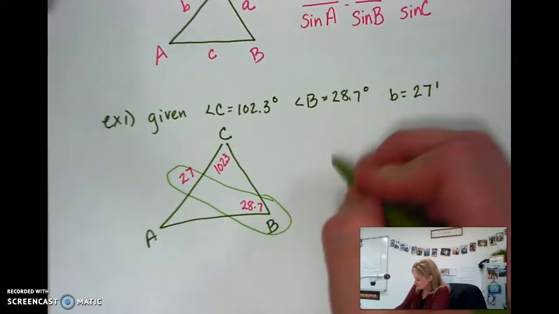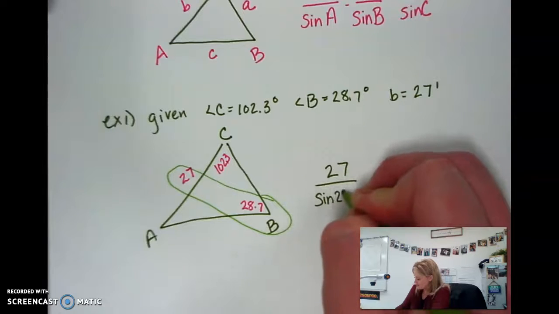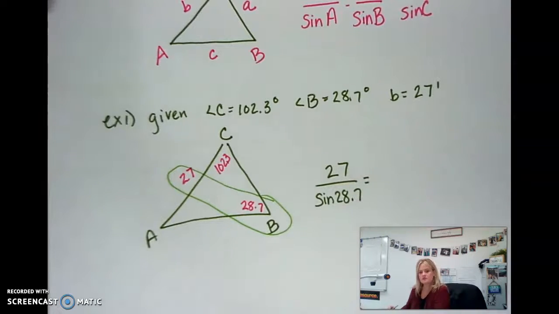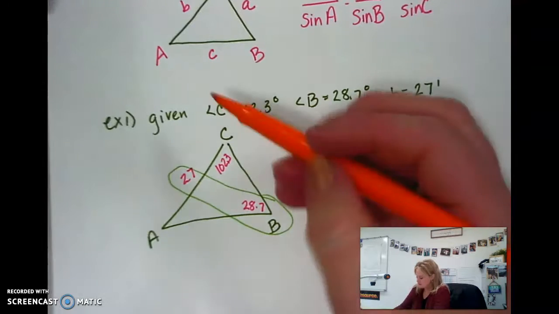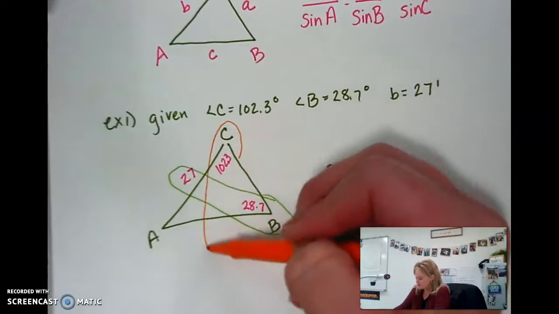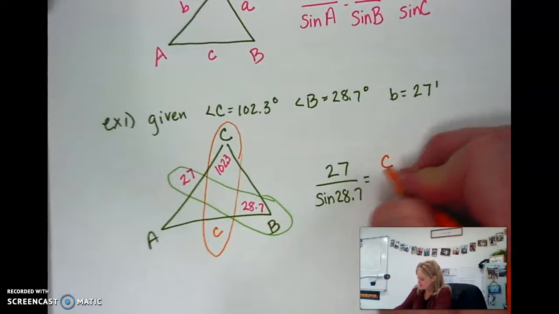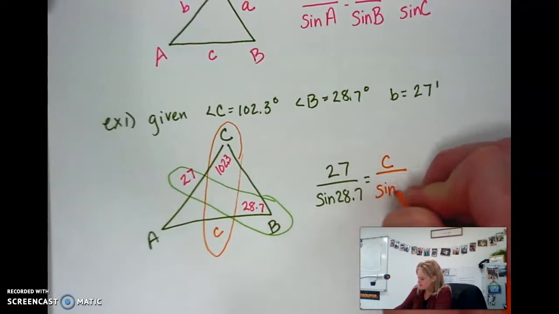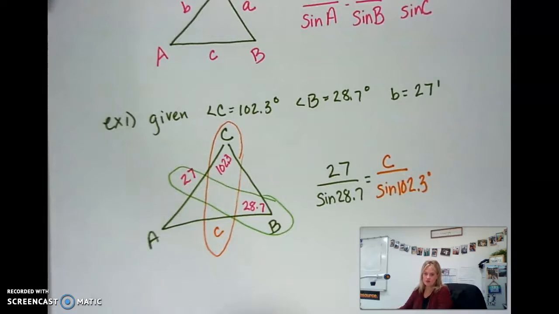So the side to the sine of the angle is equal to, now I'm looking for one that I have half of. And what do I have half of? I've got the angle but not the side. So I'm going to find the side of C when I already know the angle. So I know 3 out of 4 parts to this ratio.